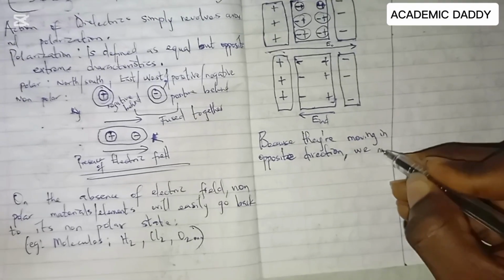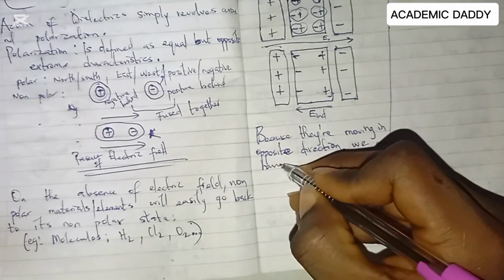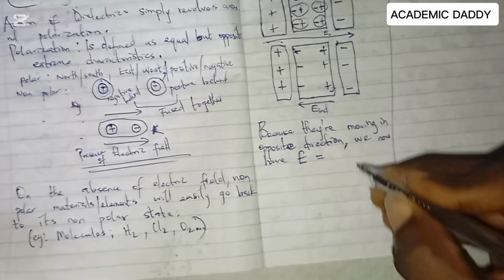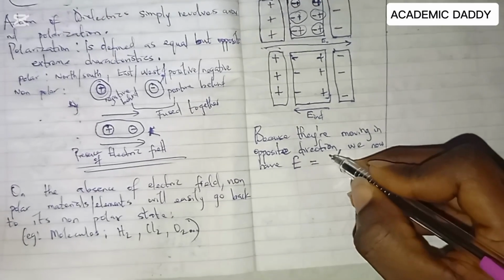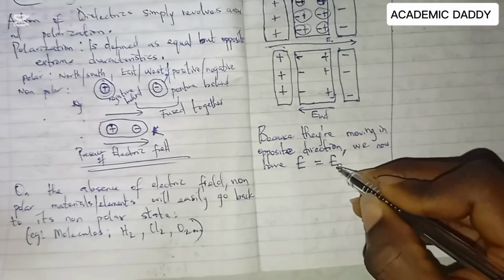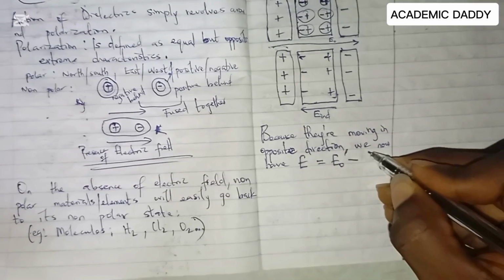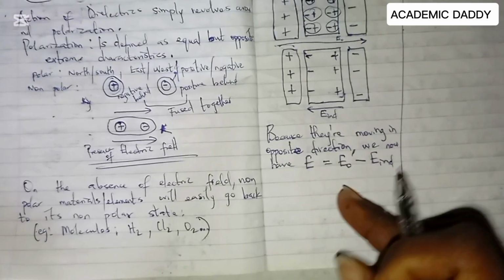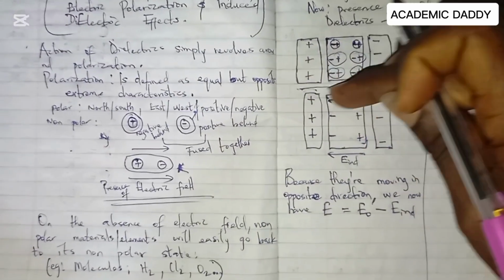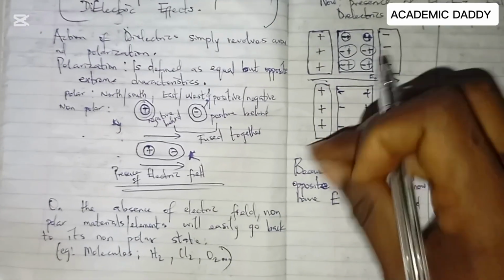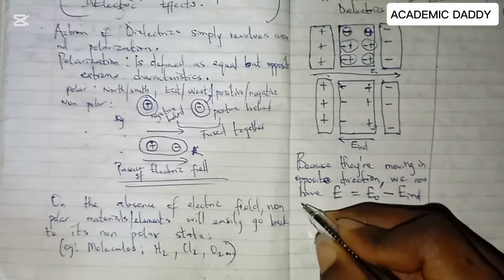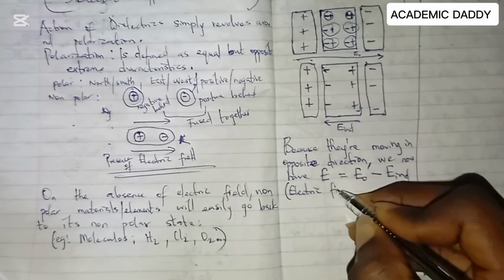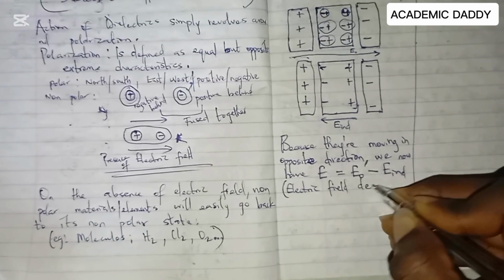We now have the total electric field equal to the initial electric field minus the induced electric field. So you can see that if normally the electric field is supposed to be the whole of this, you now have to subtract this one from it. So it simply means that the electric field decreases.